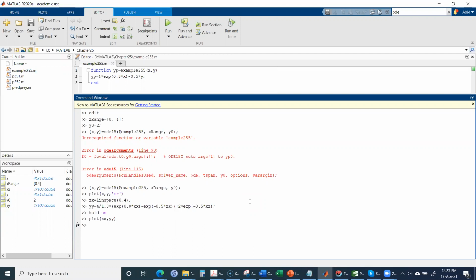Can we not invoke the ODE45 function straight away, without first defining the other function? We cannot do it. Yes, we have to do it like this. We have to first store it as a function, and then we can use it. So this is the standard method.